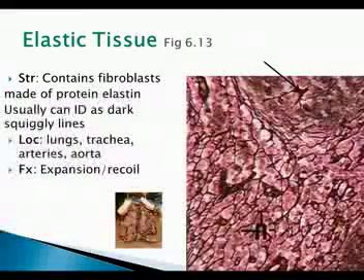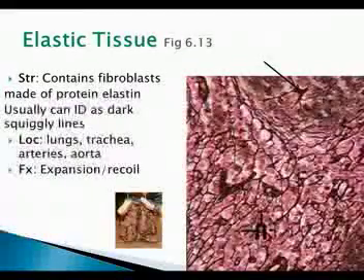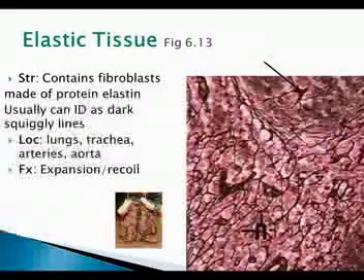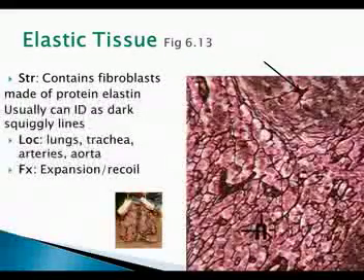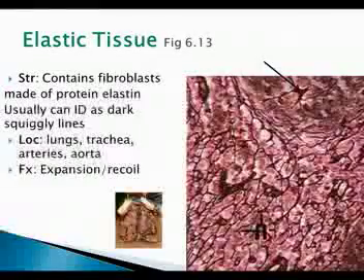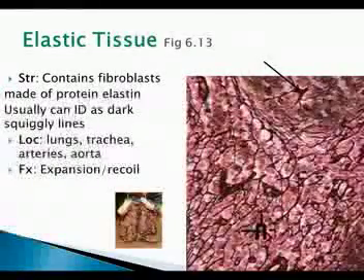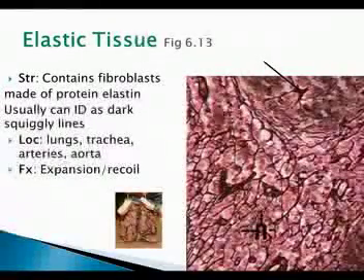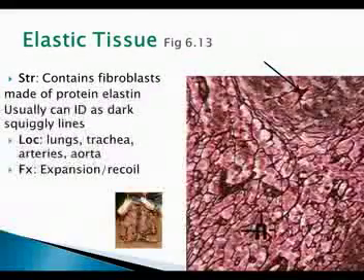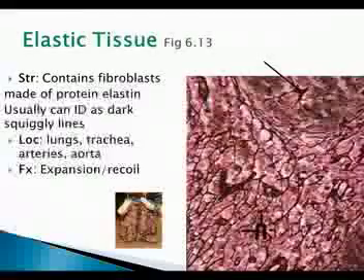So the ability to maintain that shape. And so, as you might expect, the parts of your body that are expanding and recoiling on a daily basis, such as your heart and your lungs and arteries, you see elastic tissue associated with them, right? And so you really want to be able to maintain those shapes because they're pretty important, right?